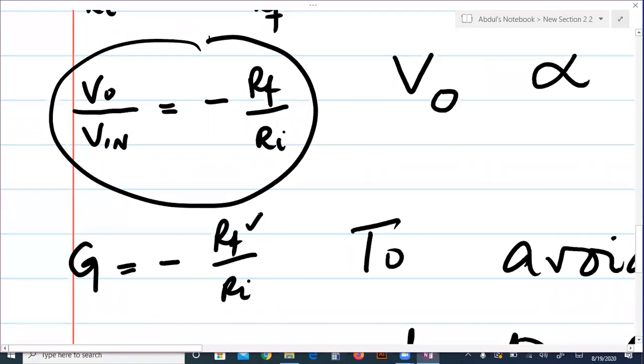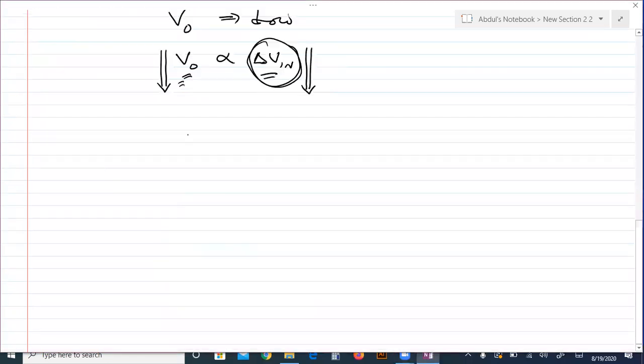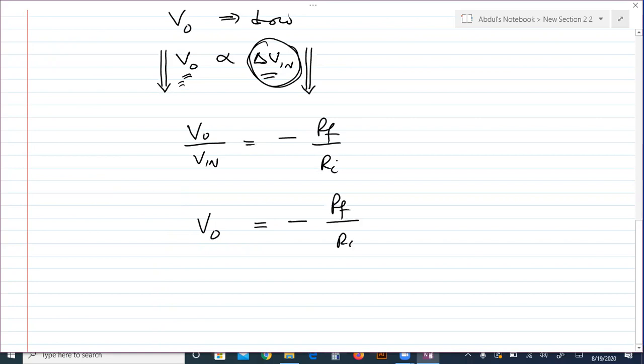Mean the ratio between RF and RI is the gain, and this negative sign is indicating that this is an inverting negative feedback operational amplifier. Okay, so this gain from the operational amplifier, which is V out over V in equal to minus RF over RI, can be written as V out equals minus RF over Ri into input.